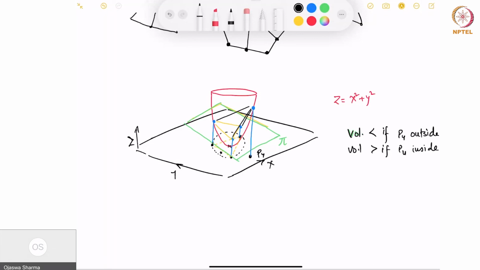So if this point is inside and we lift it, then it becomes a tetrahedron that is pointing down. So it has a positive volume. So that's the idea behind this in-circle test. Is it fine by everyone? That's the graphical intuition behind that test.